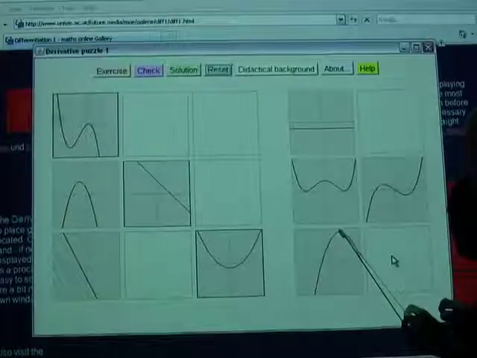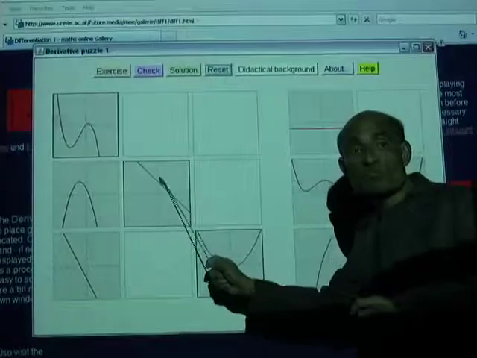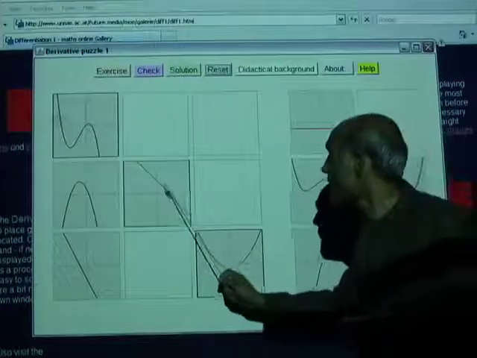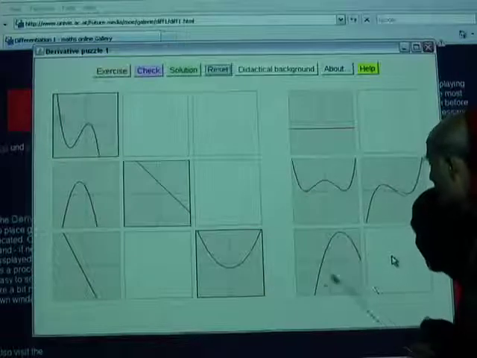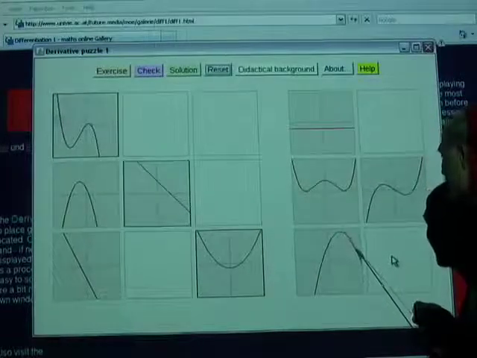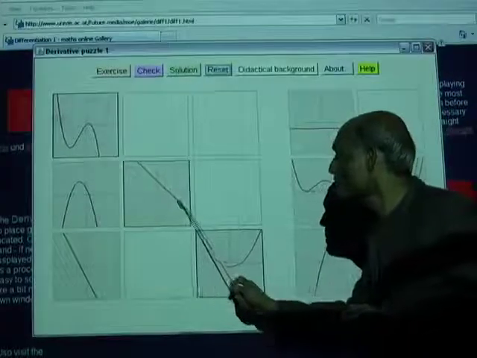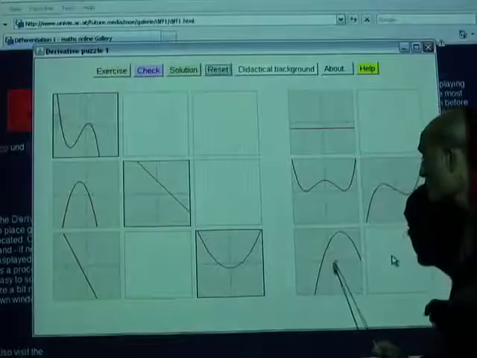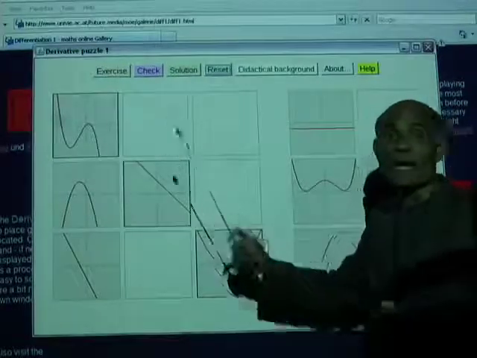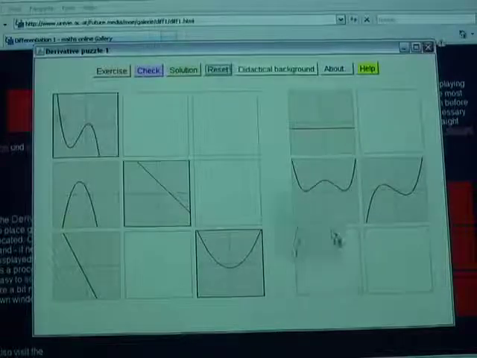This has a maximum at x equal to 2. And this is positive up to x equal to 2. That means the function is increasing up to x equal to 2 and thereafter decreasing. Positive up to x equal to 2, then negative. That means this is the function that will go there. Are you following the argument I'm using? So let's put that over there.